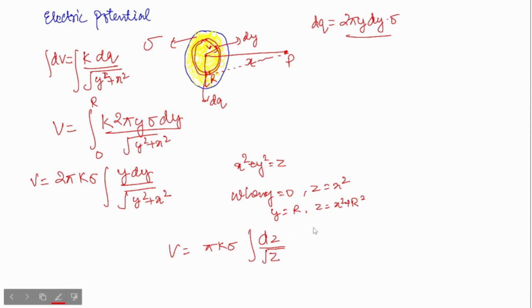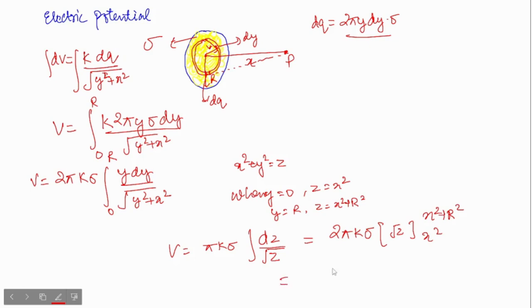After that 2 pi k sigma, this will be root of z, and now we will change the limits, from x square to x square plus r square. Now after solving this, what will you get?